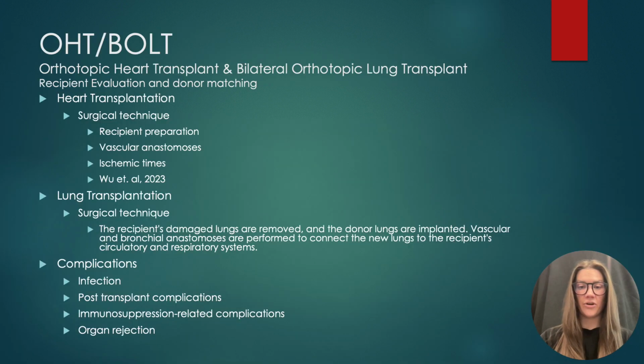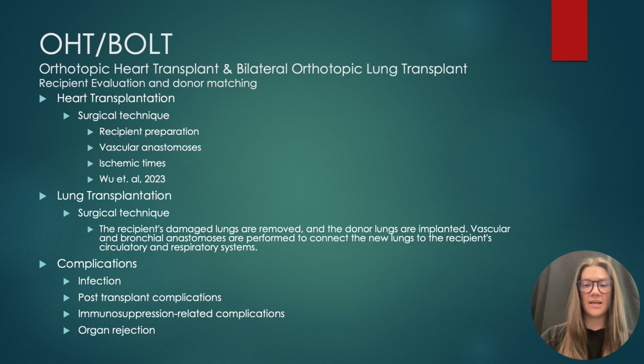Because of how severe the patient's diagnosis is, surgical intervention was required. So they did an orthotopic heart transplant and bilateral orthotopic lung transplant. We call them OHT and BOLT.